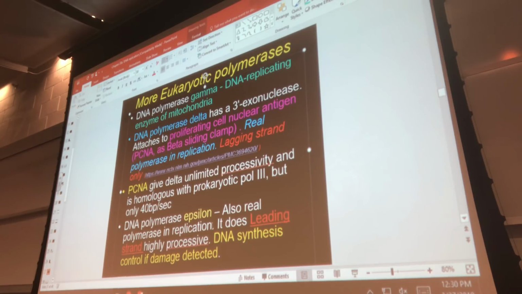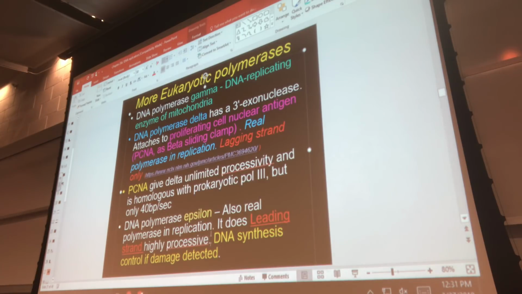This is analogous to the beta sliding clamp that you see in prokaryotes, which you might remember that the beta sliding clamp's job in prokaryotes is to keep DNA polymerase 3 attached to the template DNA so it can replicate a lot of DNA. Guess what? PCNA does the same thing to DNA polymerase delta. It keeps DNA polymerase delta attached to DNA so it can replicate it. Again, I have no idea how it only replicates the lagging strand. You don't need to know how it only replicates the lagging strand, just the fact that it does.